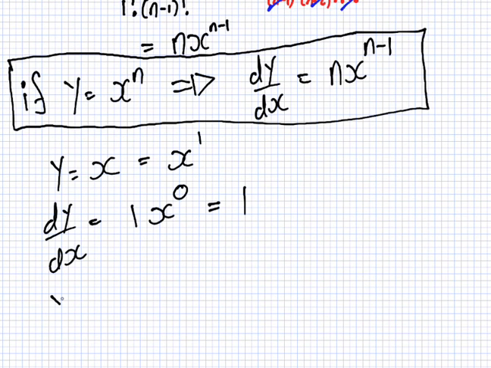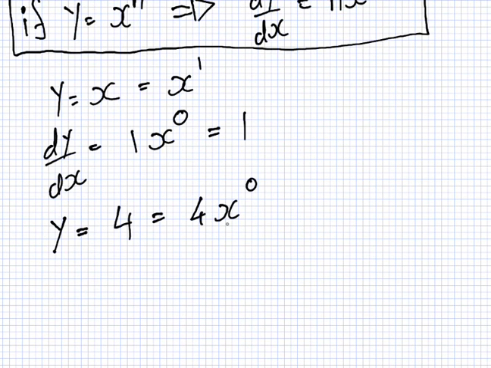And one more example, let's say I don't have x. Let's say I have a constant, like for example, 4. Well, that's the same as 4x to the power 0, isn't it? Because x to the power 0 is 1. So here dy/dx would be 4 times 0.